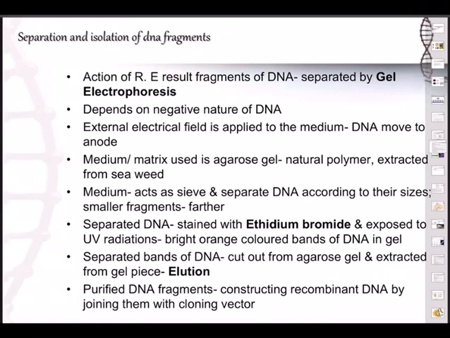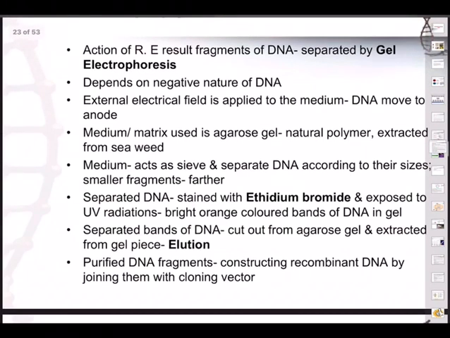This is a stain, okay? After applying the stain, the DNA fragments are exposed to ultraviolet radiation, and because of this ethidium bromide, bright orange colored bands of DNA will appear in the gel. That is the importance of ethidium bromide.